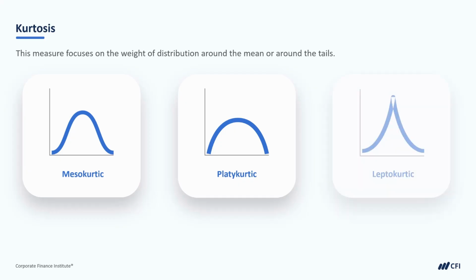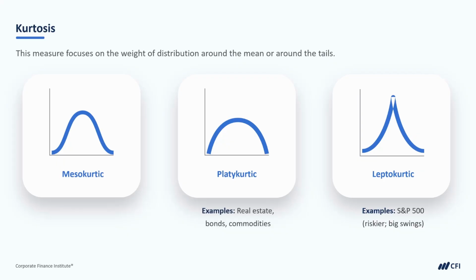And leptokurtic distributions are more peaked, with very fat tails, and therefore a larger number of outliers as well. In finance, the distribution of asset returns is normally not normal. The S&P 500, for example, tends to be leptokurtic. Real estate, bonds, commodities, and other investments that have less variance tend to be platykurtic.